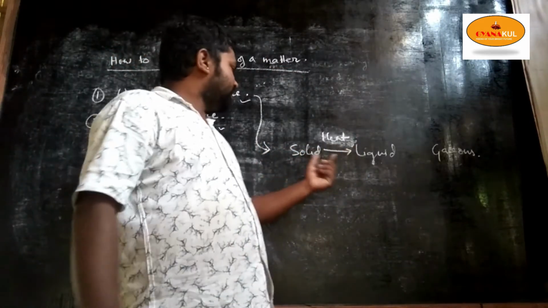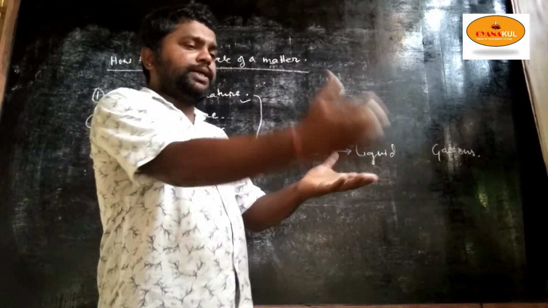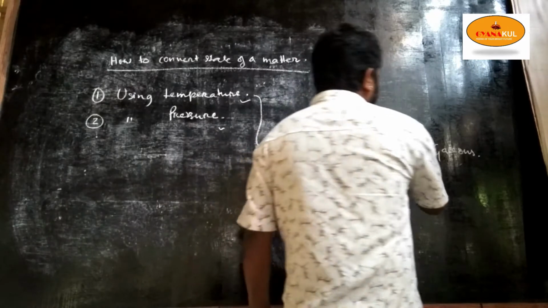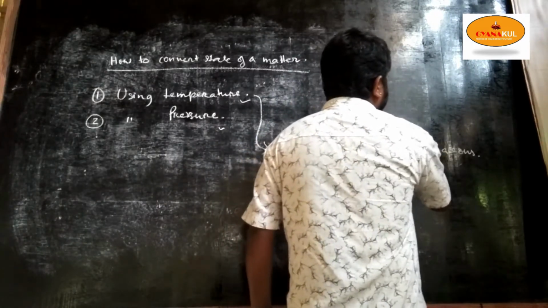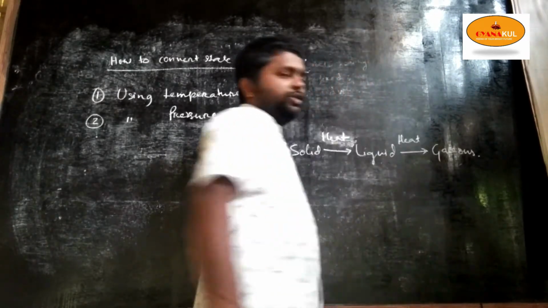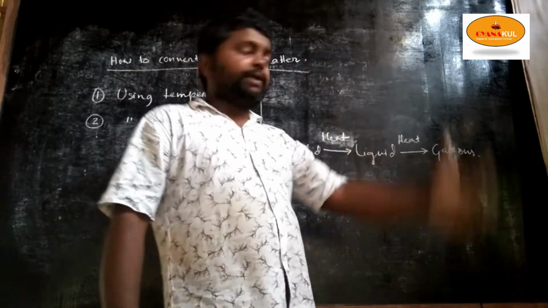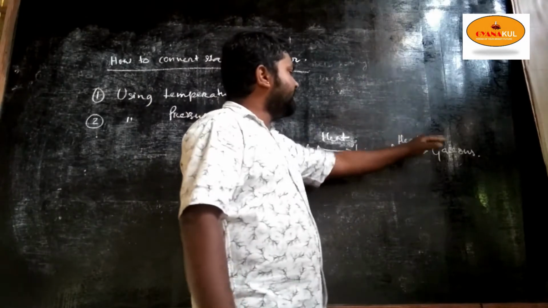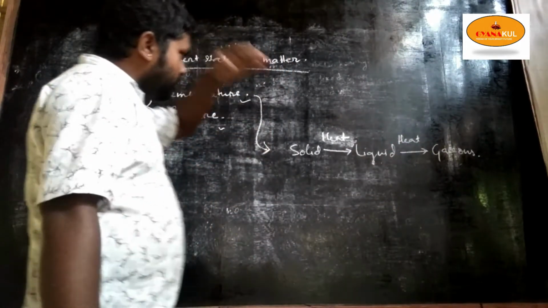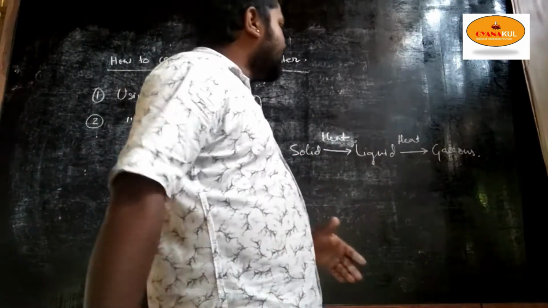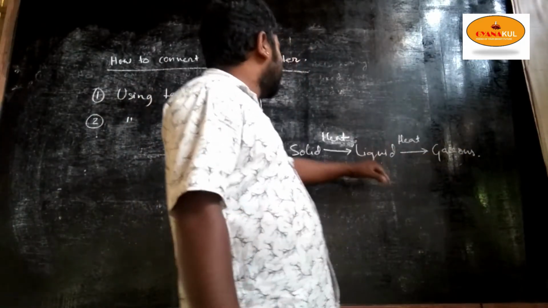You know that ice will be converted to liquid water by giving heat. And also liquid can be converted to gas by giving heat. Like when you boil the water, it will be converted to water vapor. So by giving heat, we can convert solid to liquid and liquid to gas.